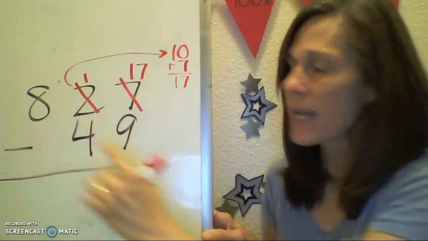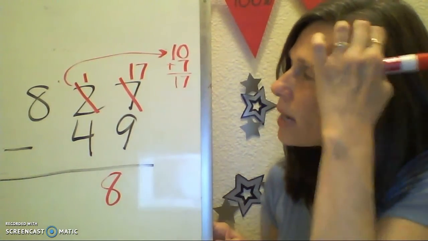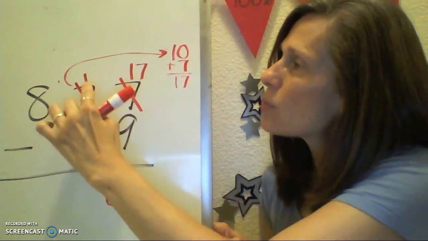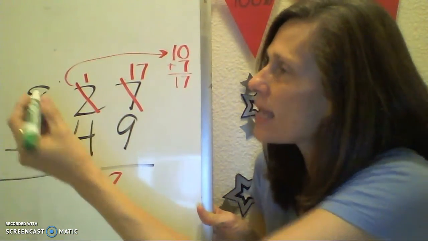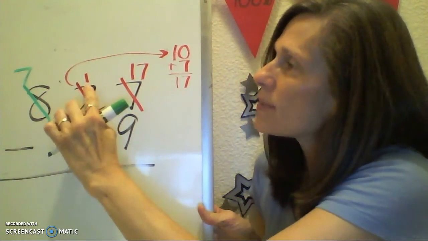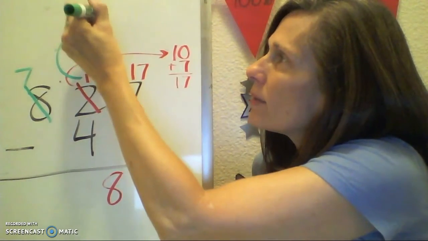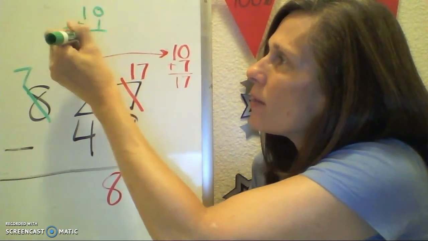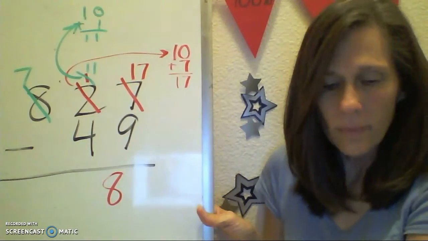So 17 take away 9 equals 8, right? So now I move to my tens place. 1 take away 4. I can't do it. So now the 2 has to ask the 8 for a set of 10. So the 8 turns into a 7. Now it's this 1 here that gets together with the set of 10, right? So now that 1 there turns into an 11, right?